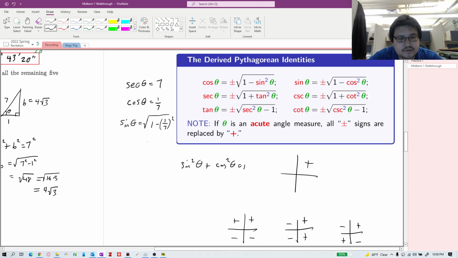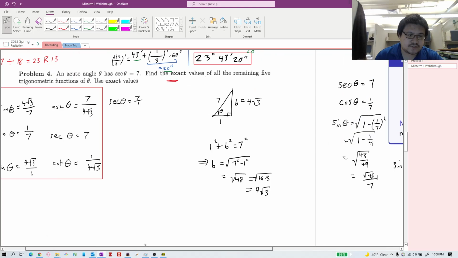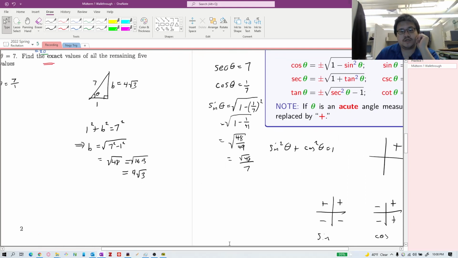That is the square root of 1 minus 1 over 49, which is the square root of 48 over 49, and the 49 is a perfect square, so that's going to be square root of 48 over 7, which simplifies. And we can check that that is actually the same answer. So for radical 3, that is the square root of 48 from this calculation here. Okay, so we got the same value for sine.